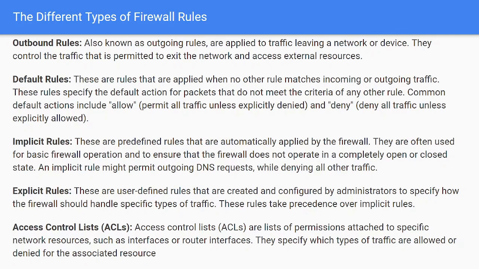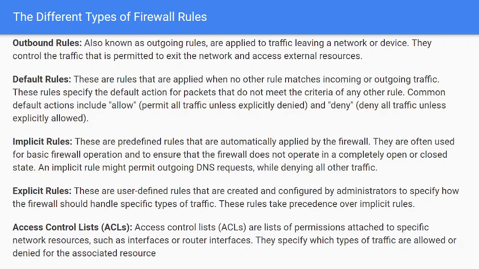Or it can be just accept it, that's the default. Usually it is very much advised to use deny as default. In case no rule can match the particular traffic that we are seeing, we just move everything to denied.